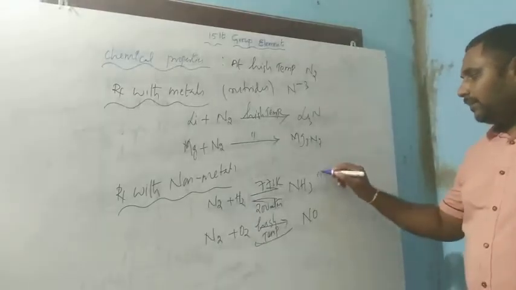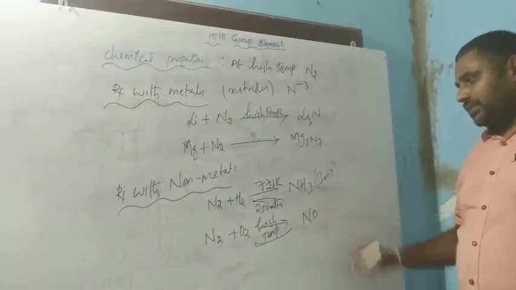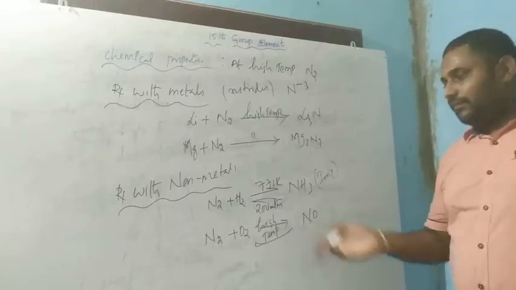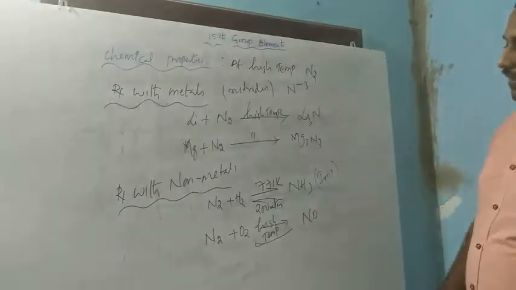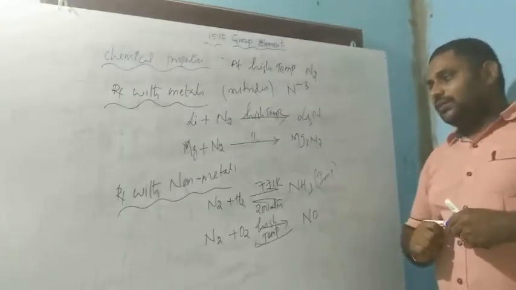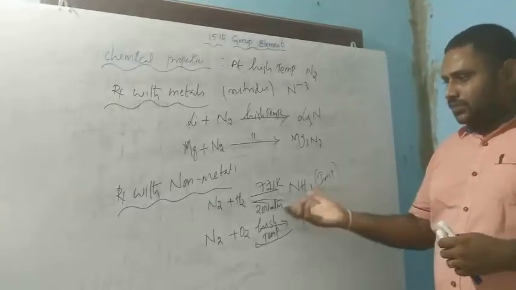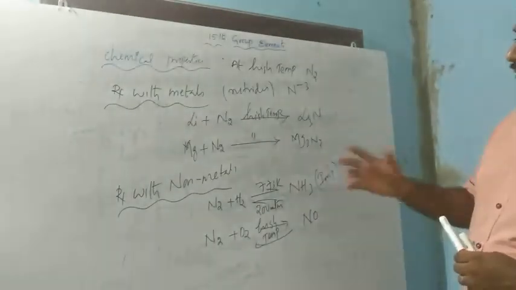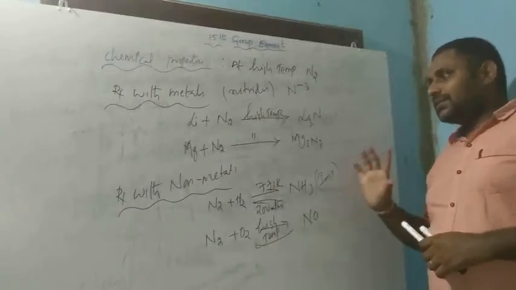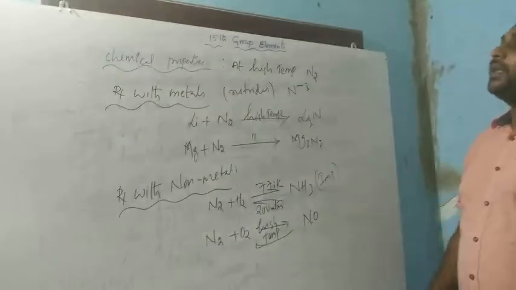This is one of the very important preparations. Even in first year we learned about this in chemical equilibria, with so many questions. Next we also learn the Haber process, how we prepare ammonia. These are the chemical reactions of nitrogen.